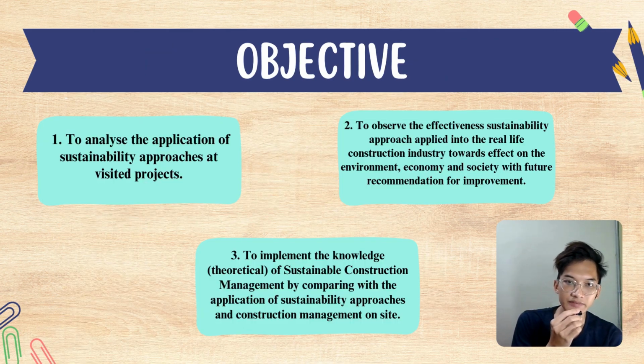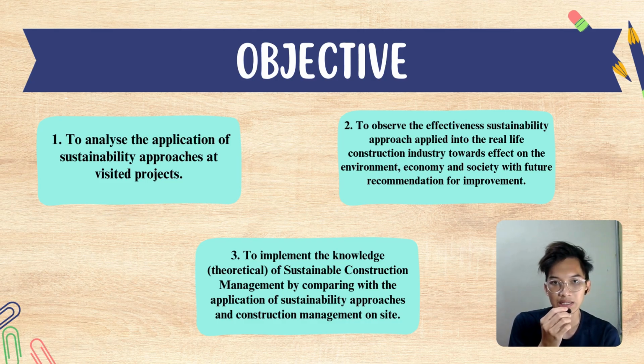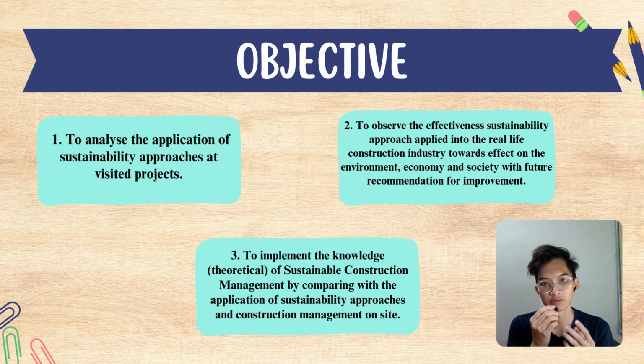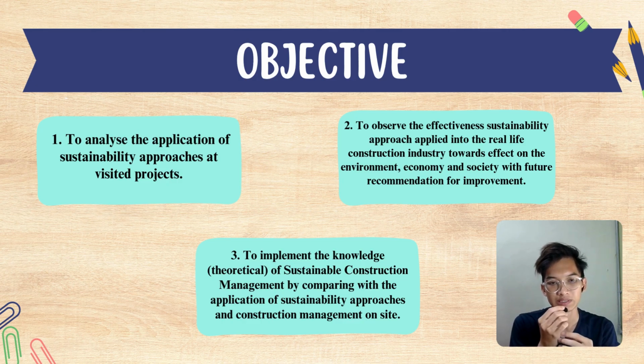For the objectives, there are three. First, to analyze the application of sustainability, which is to assess how sustainability practices are implemented in the project, highlighting the methods used and their integration into the construction process.